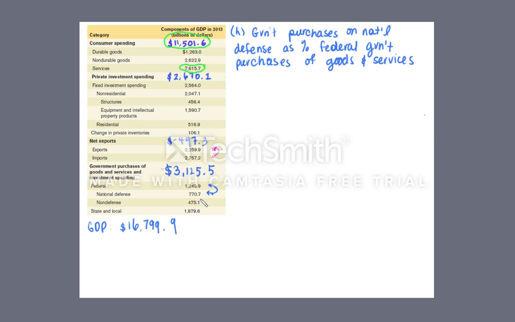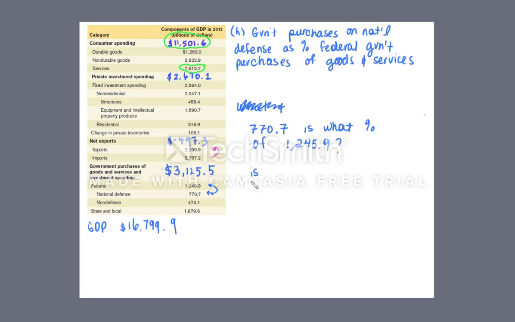Again, I'm going to set up this formula. Is over of equals percent over 100. And now I'm going to fill the numbers in. My number closest to the word is, is 770.7. My of number is 1,245.9. And just notice what's going on here.